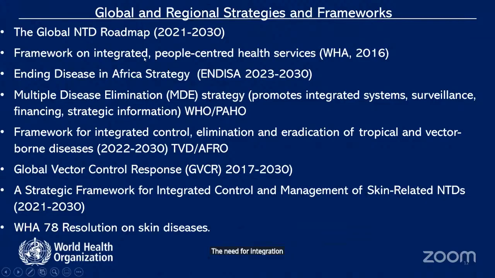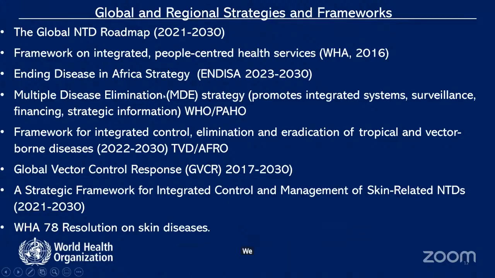We have the framework on integrated people-centered health services, and this was a World Health Assembly resolution in 2016. We have the Ending Disease in Africa strategy, which is a strategy of the AU and the Africa CDC, and this one also speaks to integration.